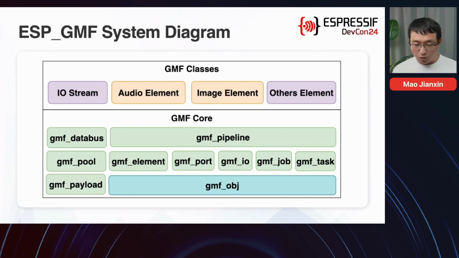The GMF data bus provides a unified data access interface, while the GMF pool manages elements and IO streams, and is used to create GMF pipelines. The GMF classes are specific instance classes of elements and IO streams.